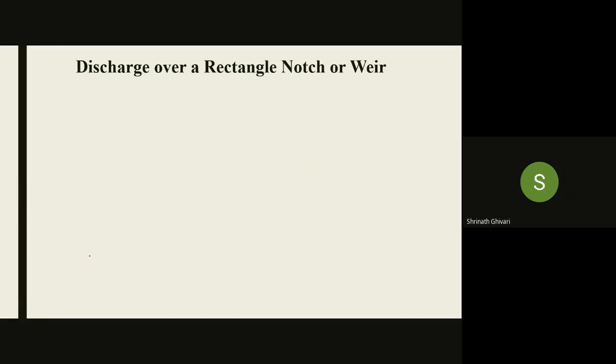Notch or weir, because notch and weir are both the same, right? So we can use this expression in notches, or also in weirs. The expression for discharge over a rectangular notch or weir is the same. The only difference is that notches are made up of metals and weirs are made up of masonry structure.